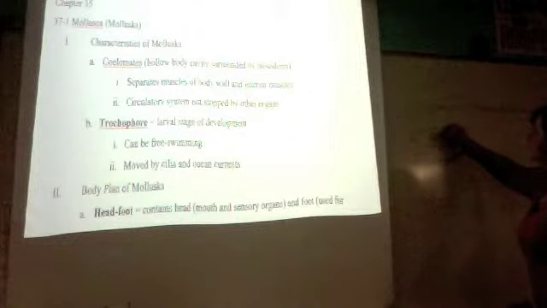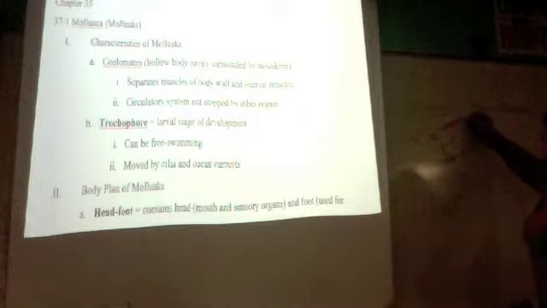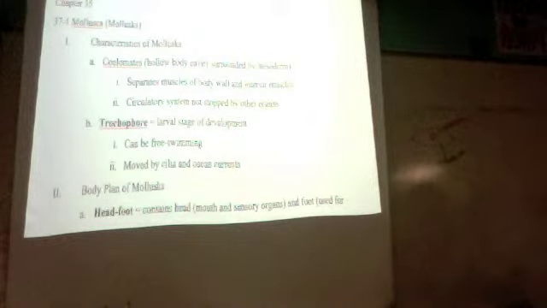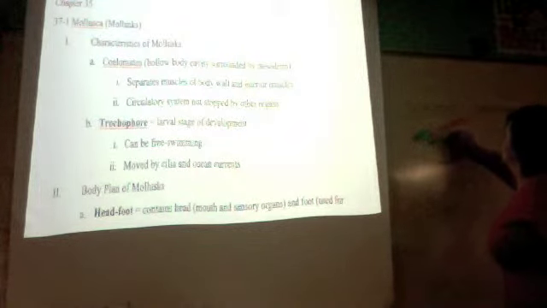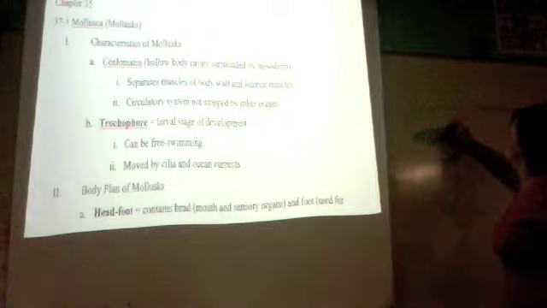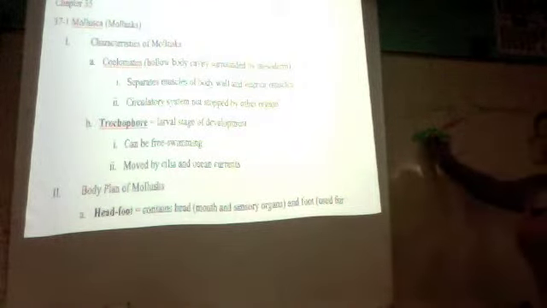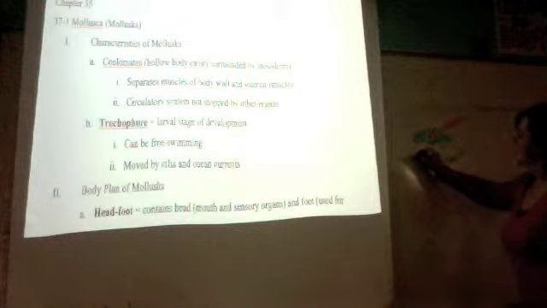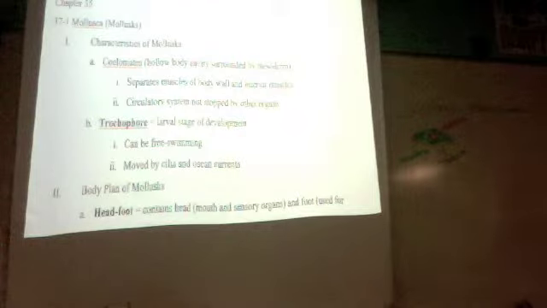And then I have the internal layer, which is the what? Endoderm. And between the two layers, the only one that's left is the mesoderm. In an acoelomate, that mesoderm fills that whole cavity.